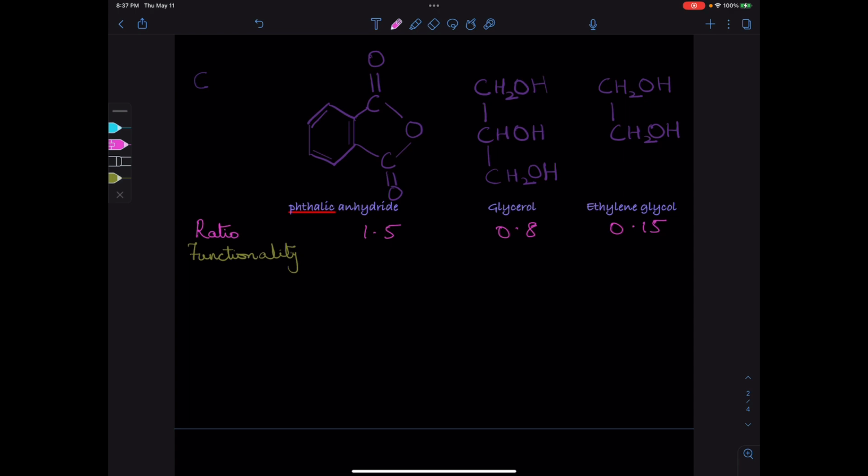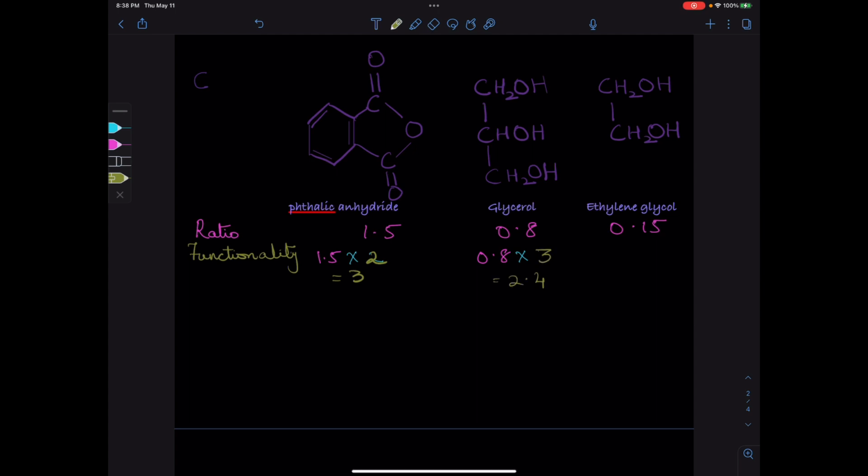For phthalic anhydride, that would be 1.5 times 2 carboxylic acids, which would be 3. For glycerol, it would be 0.8 times 3 hydroxy groups, which would be 2.4.